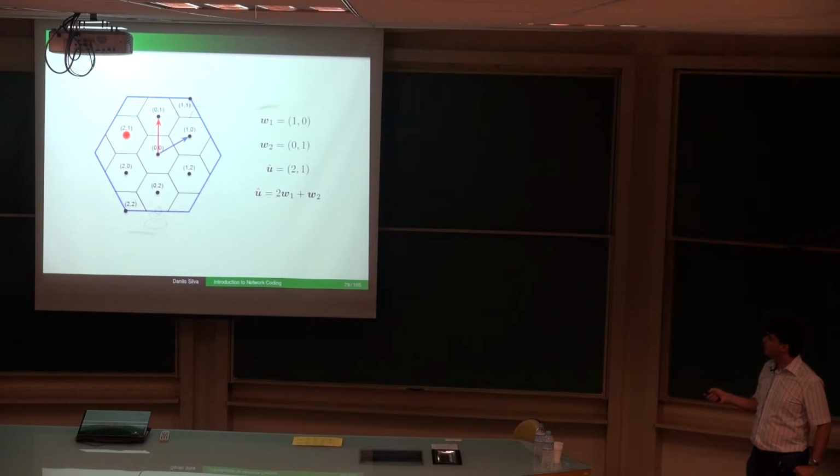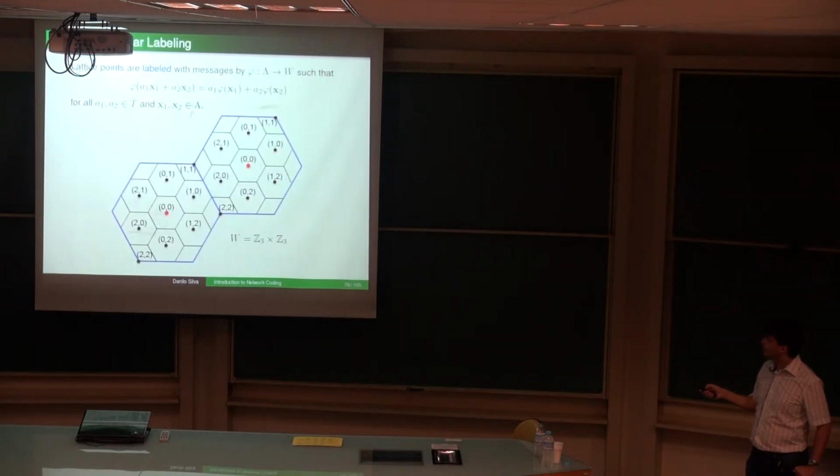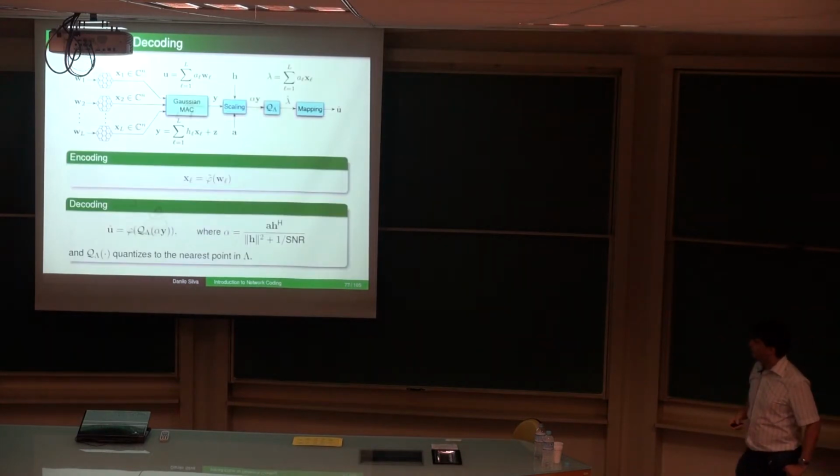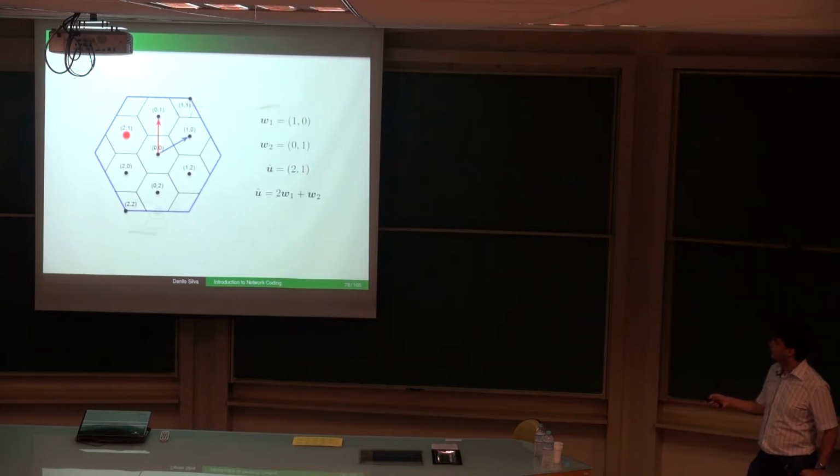The labeling in that case will be 2, 1. One way to figure out the labeling is you can just do mod lambda prime, so move these points to the fundamental region of lambda prime, and in that case the label is 2, 1, and we can see that it precisely corresponds to this linear combination of the original messages.